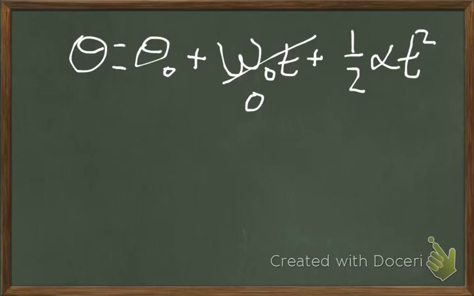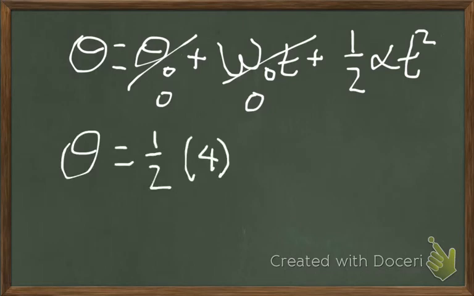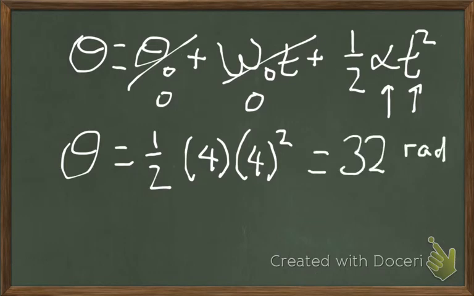The initial, it was at rest before anything happened, and it didn't have any initial angle to start with. So all we're left with is 1/2 alpha t squared. So again, this is just a plug and chug at this point, and we plug in all of our numbers, and we find that it turns 32 radians.